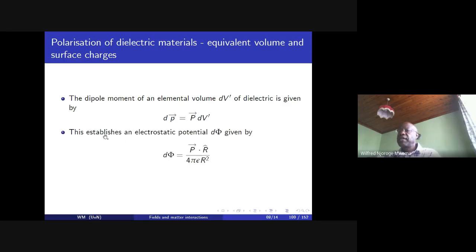So this therefore establishes an electrostatic potential d phi that will be given by d phi equal to the polarization P dot the unit vector, where this is the unit vector in the direction of the observation point, and we are assuming that it acts as a point source, and therefore we just use the surface density of a sphere.